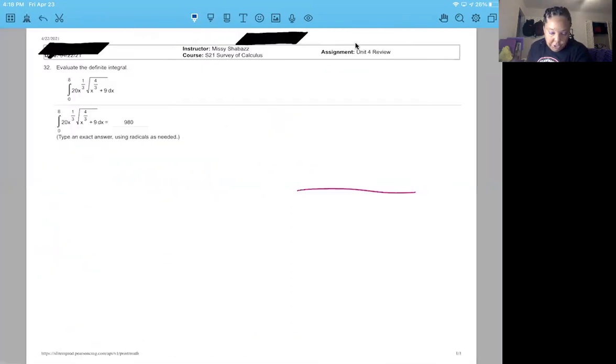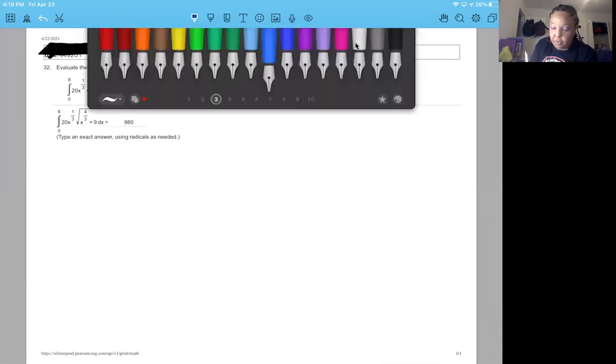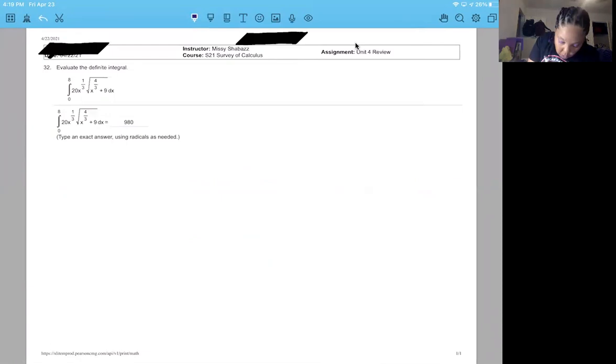All right, next question. Evaluate the definite integral. So this is going to be a definite integral that we're going to do with a u substitution. So let's let u equal what's underneath the square root. Then du is 4/3 x to the 1/3 dx.